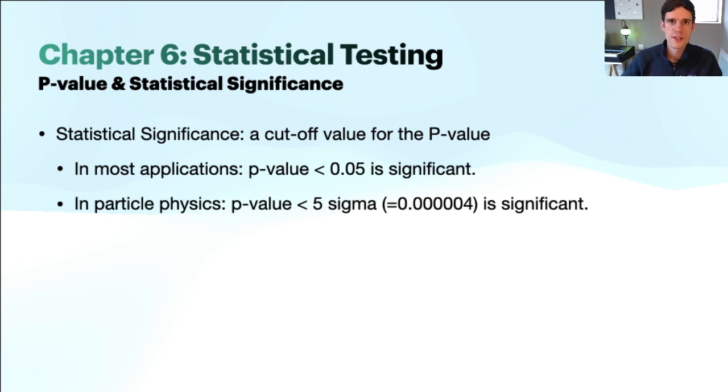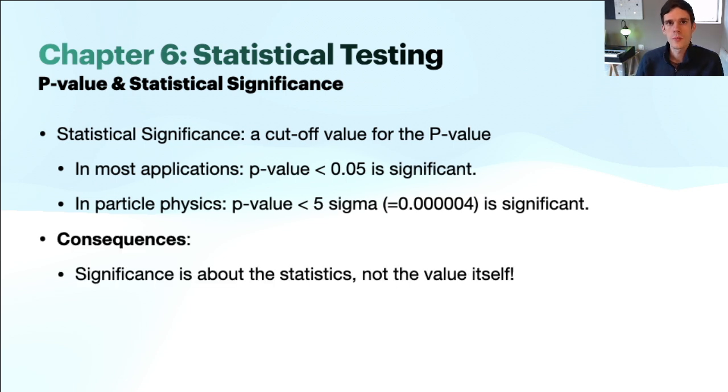In particle physics, however, they are much more strict. There, a conclusion is only considered statistically significant if it has a p-value that is smaller than 5 sigma, or as we saw before, smaller than 0.000004. For instance, the discovery of the Higgs boson was only published once they got to 5 sigma.